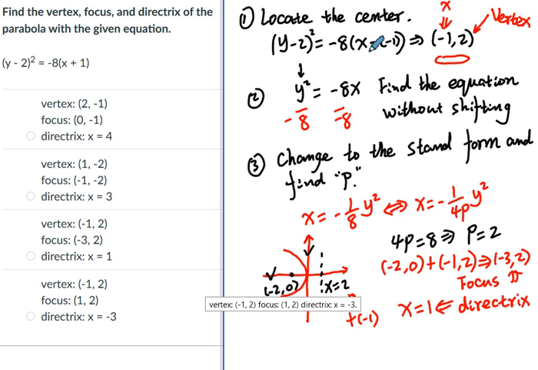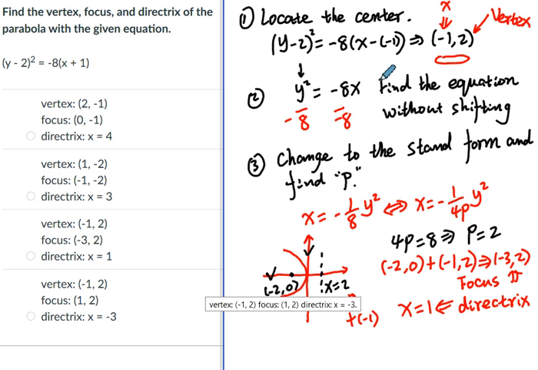And here, x minus negative 1, you change this quantity to just x. So then, this is the original equation without shifting. This one is easy for us to find where the vertex is, since it is at the origin, and where the directrix and the focal point are.